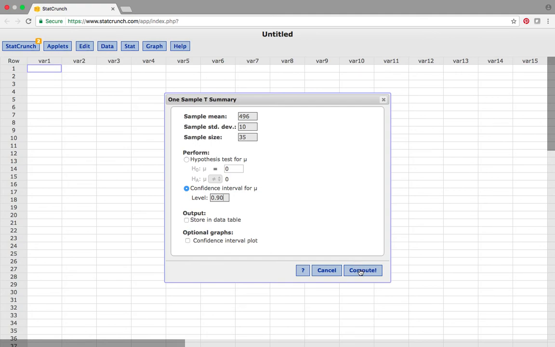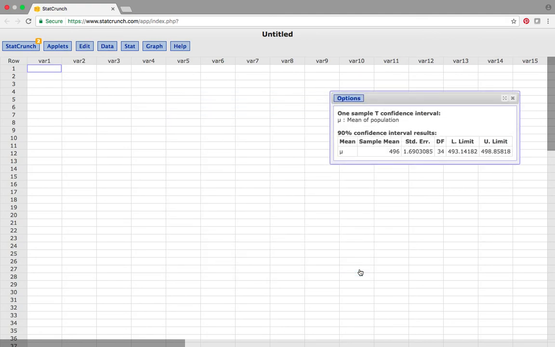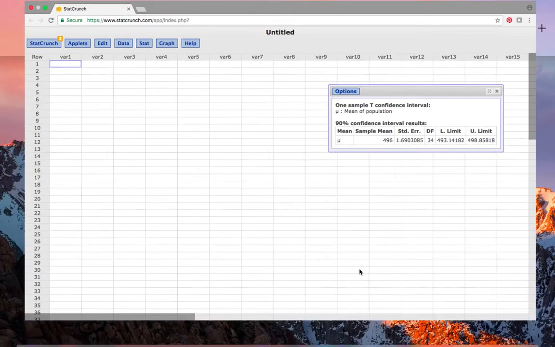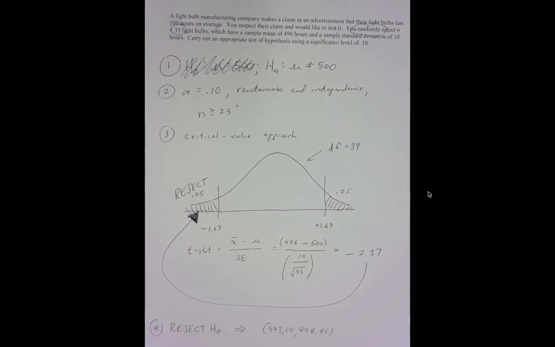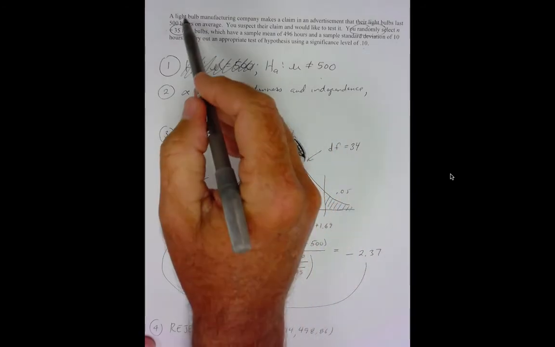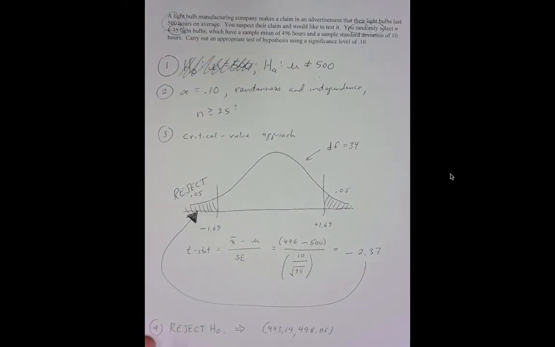I explained that in a previous video. So I get 493.14 up to 498.86. So it's much more believable that their light bulbs last somewhere between 493 hours and almost 499 hours, not including the 500 that they claim.